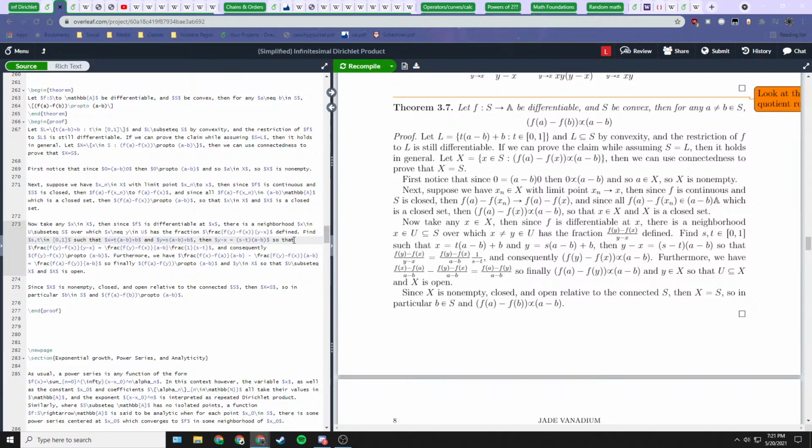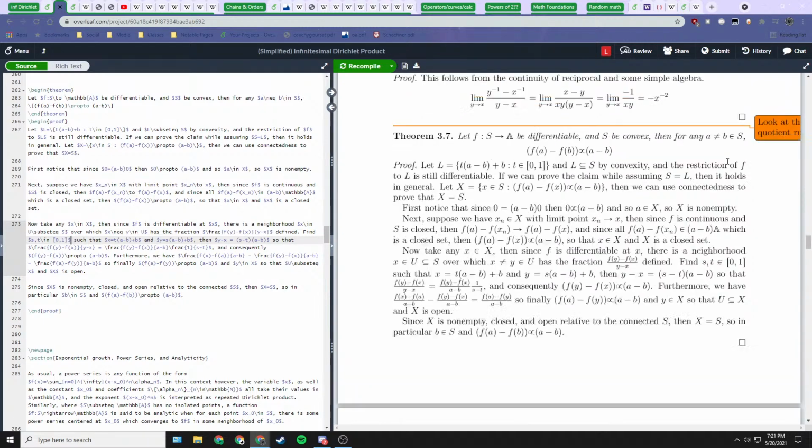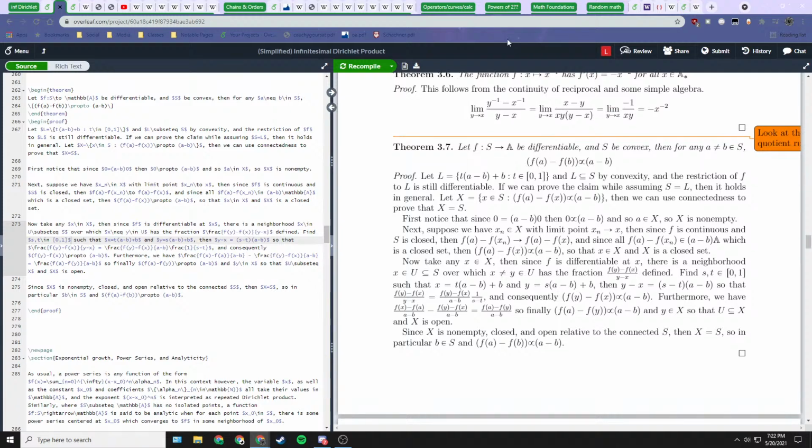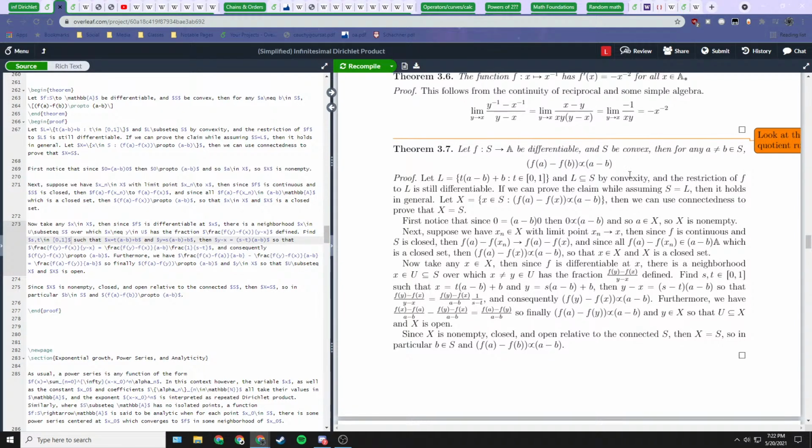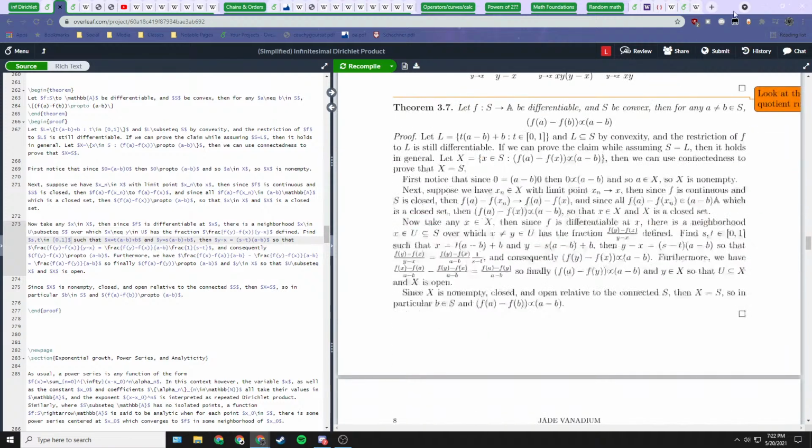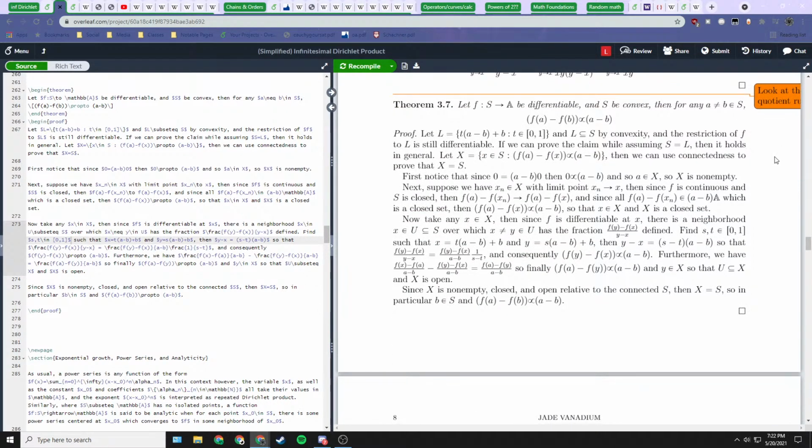Okay, this all looks good. Nice. So this proof shows us that if we have our function differentiable in a convex set, the difference quotient is always defined between any 2 points in that convex set, any 2 non-equal points. So to recap this proof, for any 2 points A and B, we take the line segment between those 2 points.